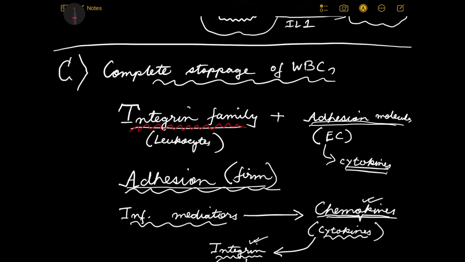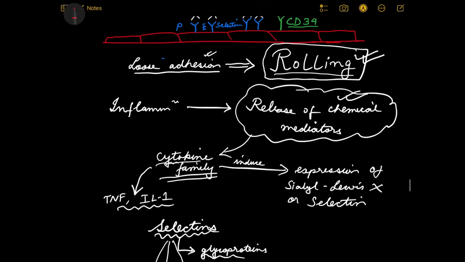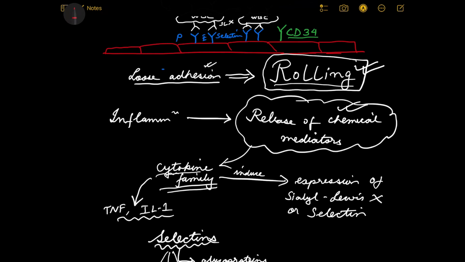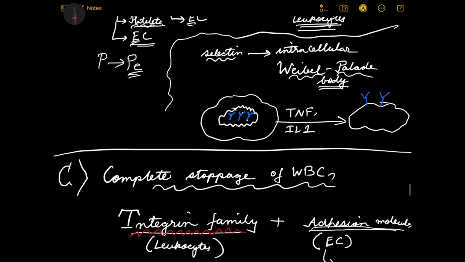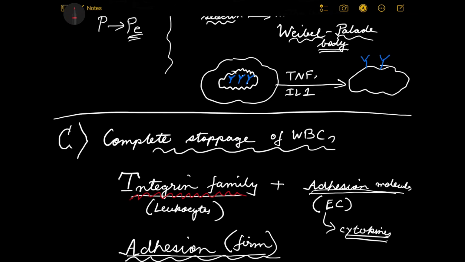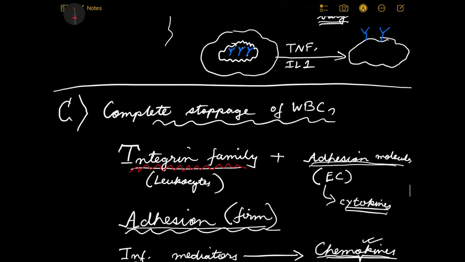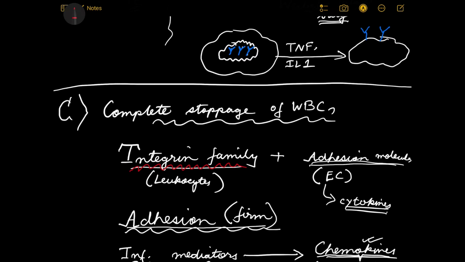If you remember, we had said that the interaction between these molecules expressed on the leukocytes and their complementary molecules or receptors which are expressed on the activated endothelial cells, initially causes a loose adhesion, which is rolling, and then complete stoppage or firm adhesion, which is due to interaction between the integrin molecules which are expressed on the activated leukocytes and the adhesion molecules which are actually expressed on the activated endothelial cells.